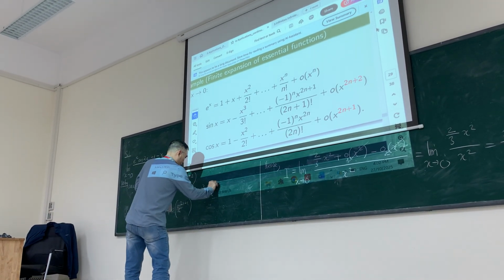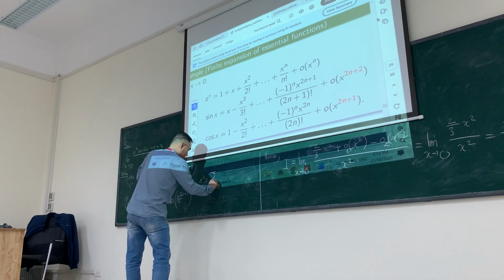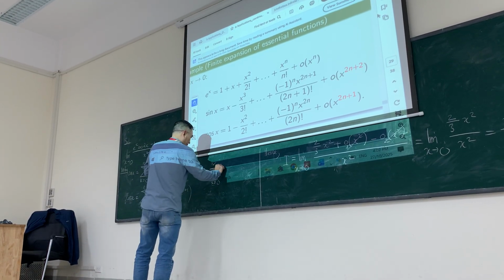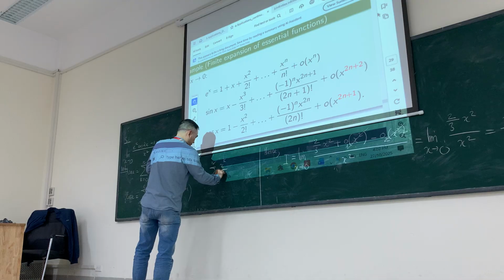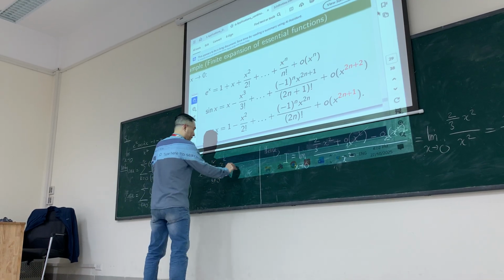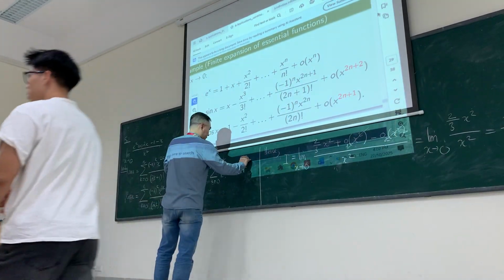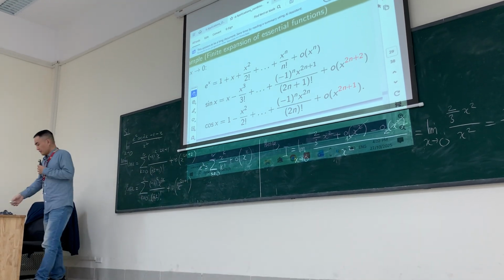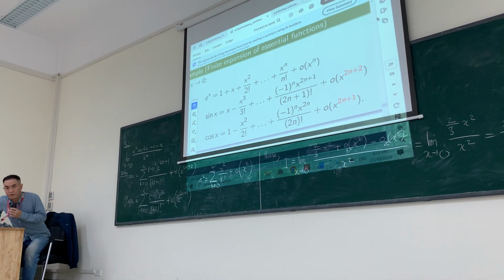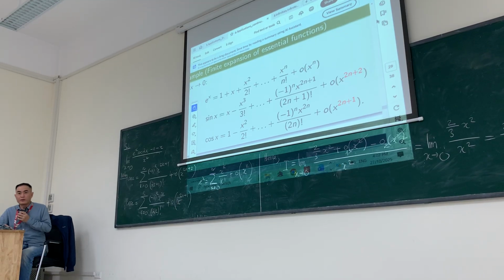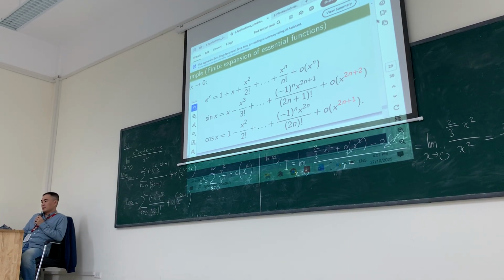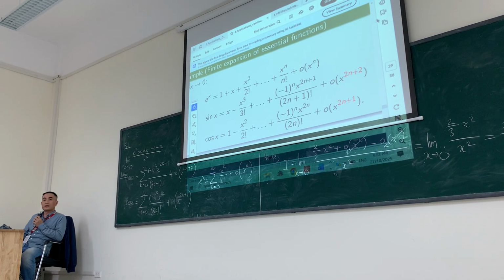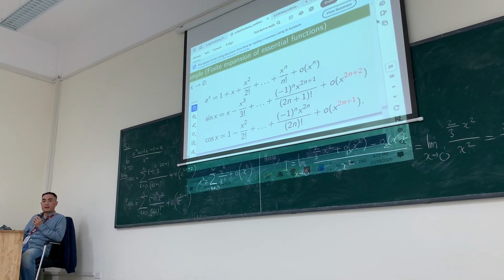Exponent x is equal to sum k equals 0 to n, x to the k over k factorial, plus literal O x n. Okay, from the formula we express the exponent, sine, cosine in form of sums.